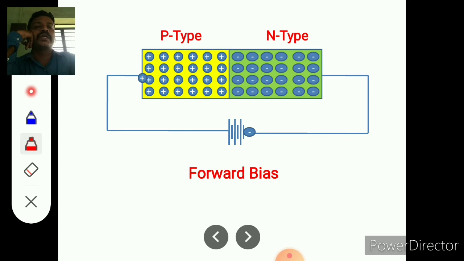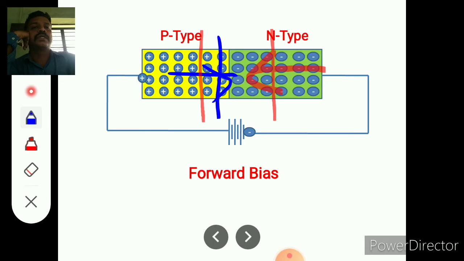Initially the barrier potential, or depletion layer, is like this. Due to this flow of holes and electrons, this depletion region will reduce.